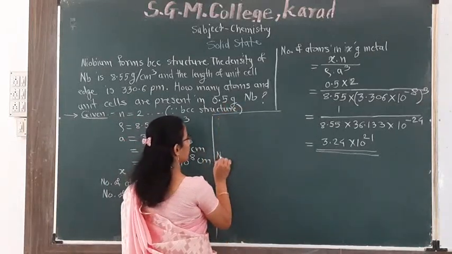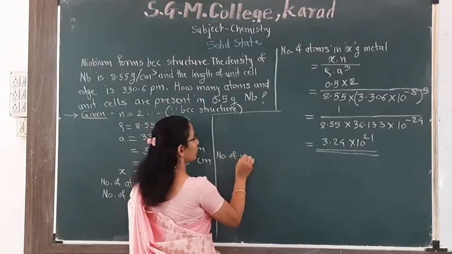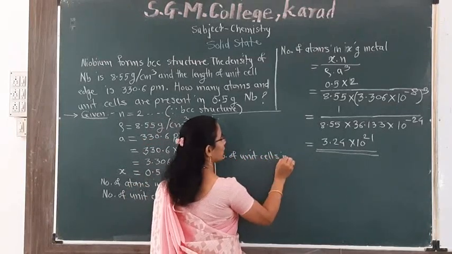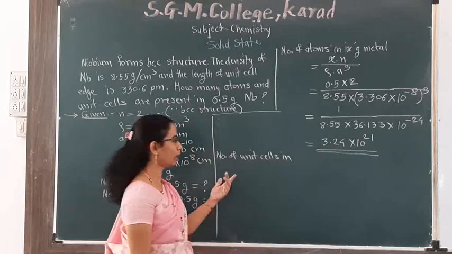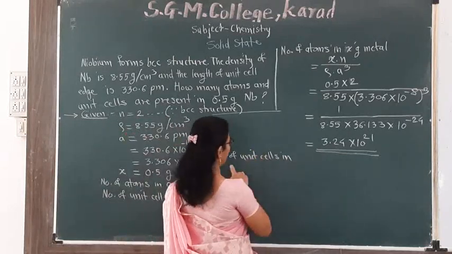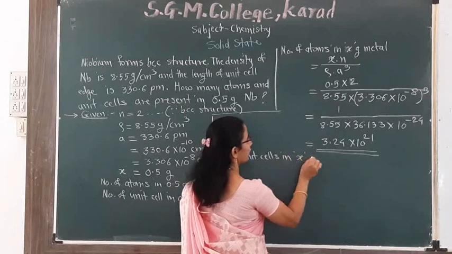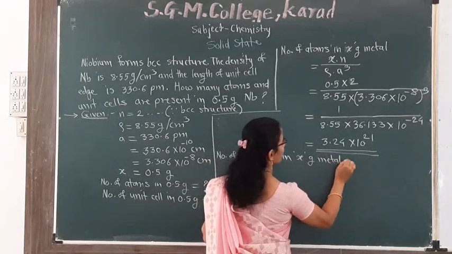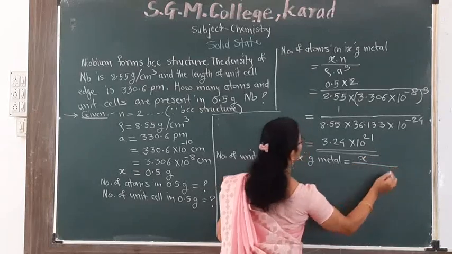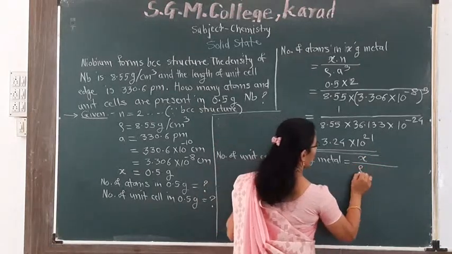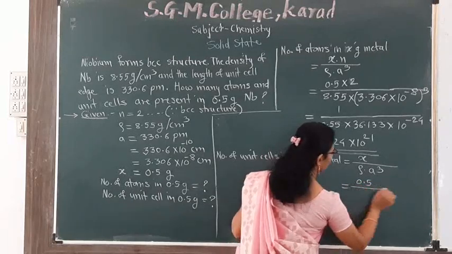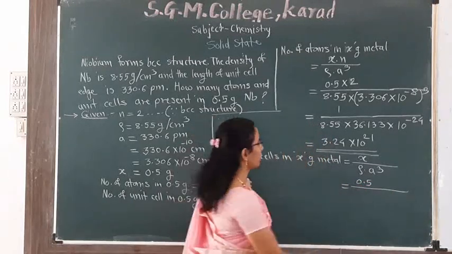Now, we have to calculate the number of unit cells. For that purpose, we will use this relation: the number of unit cells in X gram of metal is equal to X upon rho into A cube. Again, I will put the values in this equation.